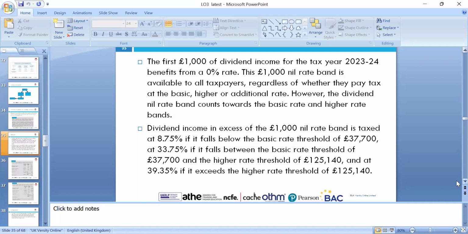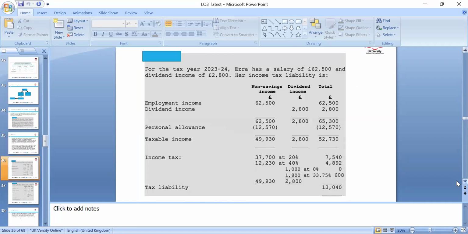If it falls between the basic threshold and the higher threshold, then we can look at it at 39.5%, if it exceeds the higher threshold of 125,140, because at that point your personal allowance will be gone as well. Keep that in mind.